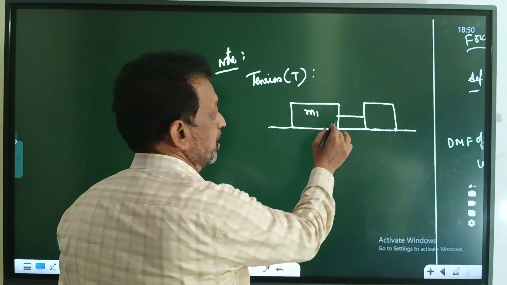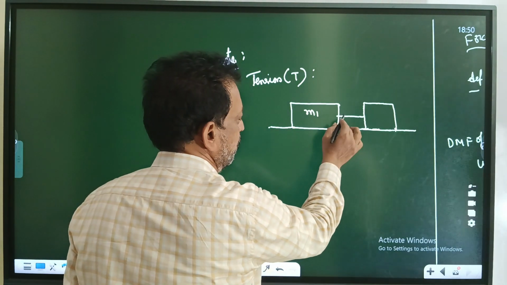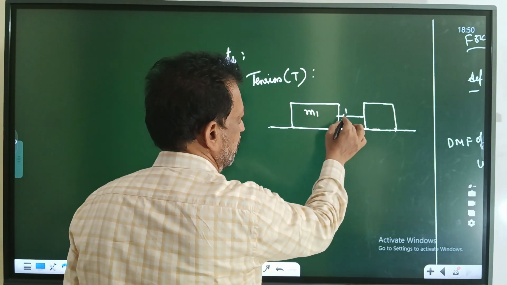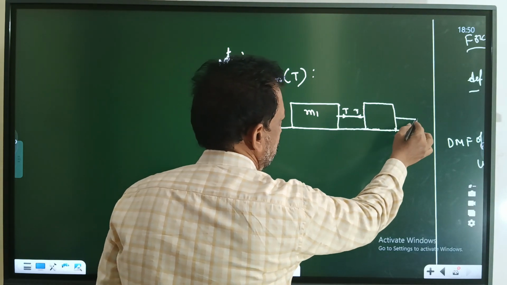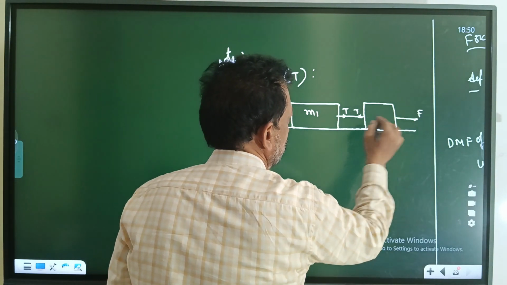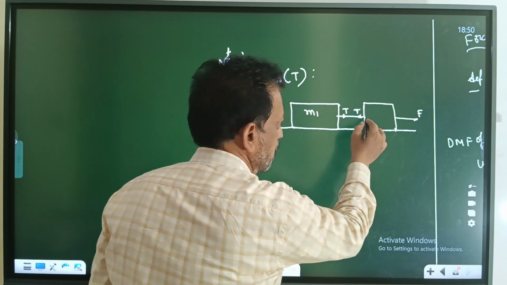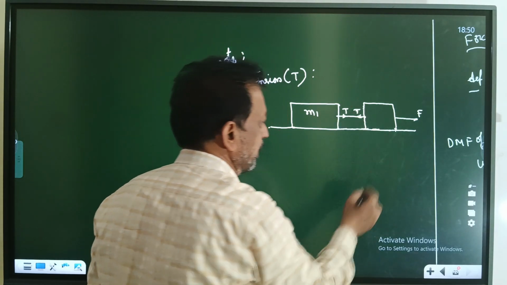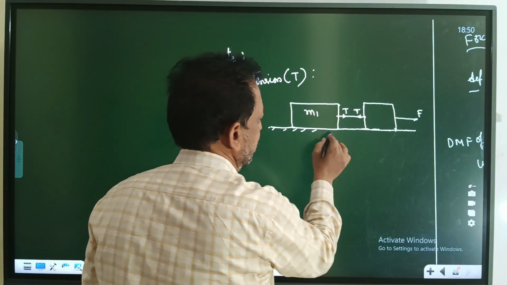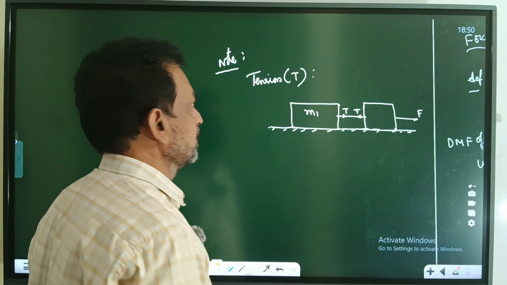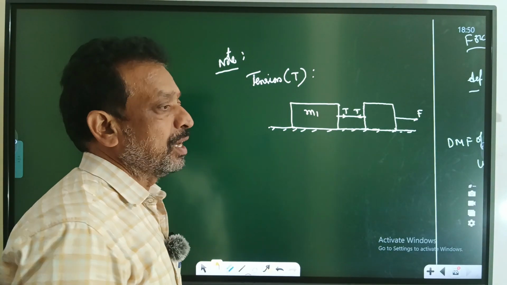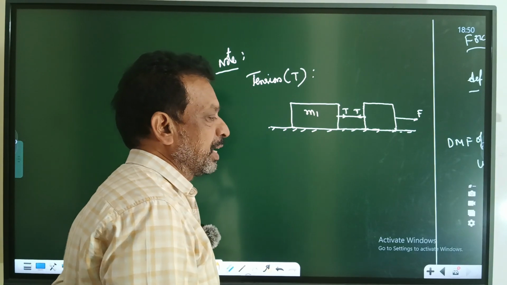The tension is always away from the point of contact. We call it tensional force. Tension is always acting away from the point of contact in the strings.